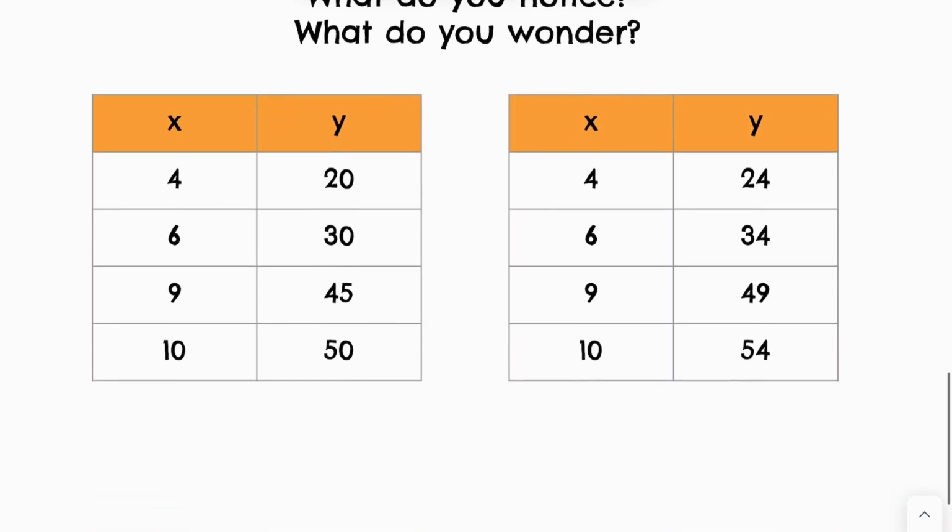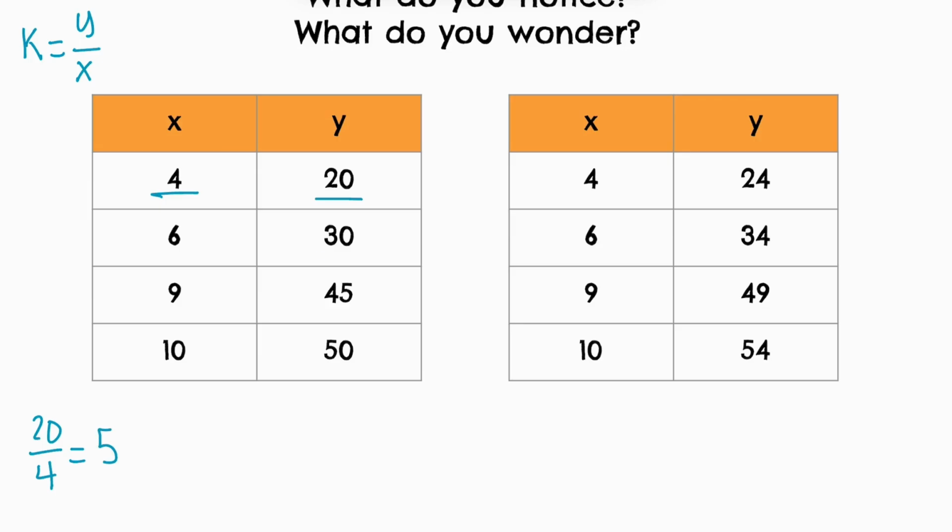On tables, we need to find k, the constant value. The formula for that is k equals y over x. My first y value is 20. My x value is 4. 20 divided by 4 is 5.